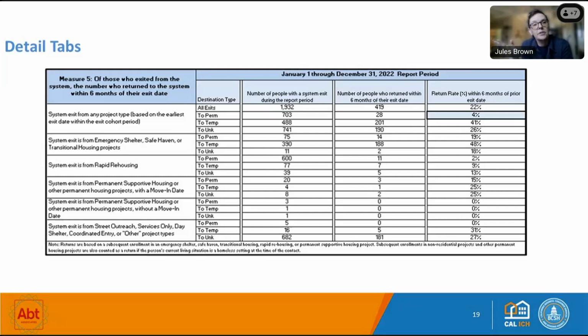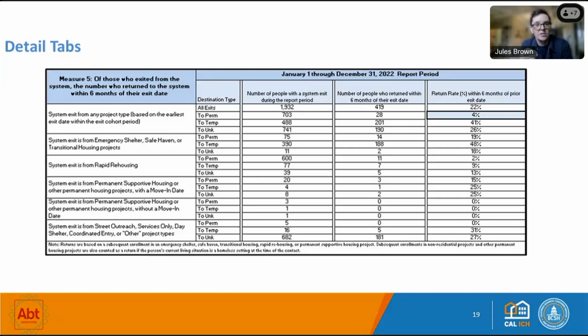In all cases, we look 6 months ahead. So sometimes that goes outside of the report period, if the person exited on the last day of the report period, for example. And then in the second column, you'll see each of those exits is broken out by what type of exit it was. Was it an exit to one of the permanent destinations, one of the temporary destinations, or to an unknown destination?